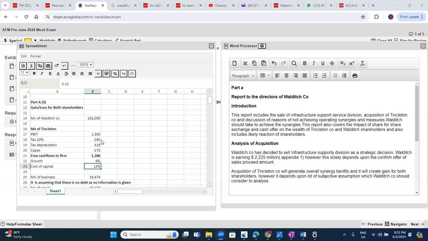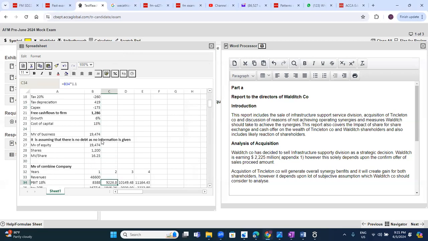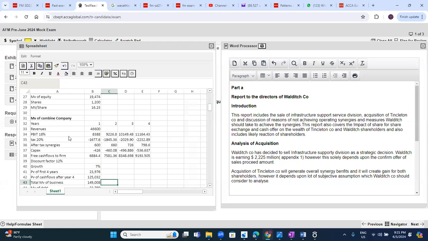Okay, next. Then in the combined company, there are a lot of assumptions. It is given that PBIT would always be 18%. And profit and synergies will increase every year with 10%. Capex will increase by 8%. And perpetual growth is 7%. This company is a cyclical company.